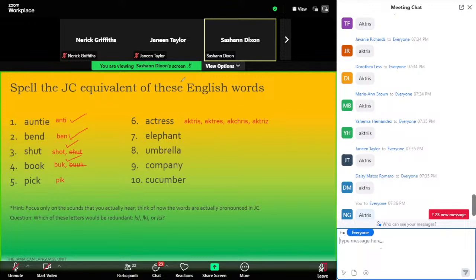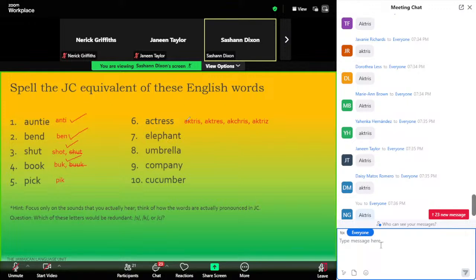Good. So we're going to rule out all the options with TR because we're not looking for actress. Very difficult for me to pronounce, but tris versus tris. And we're looking for that ch sound. So I can rule out option 1. I can rule out option 2 and also option 4.